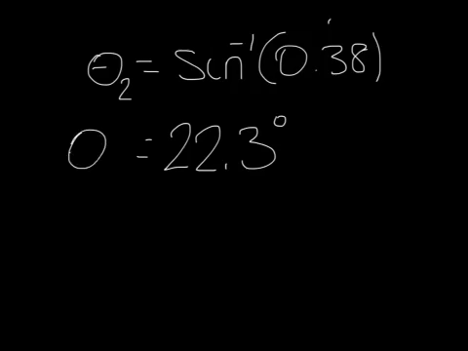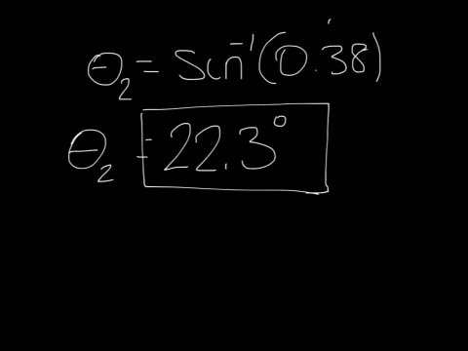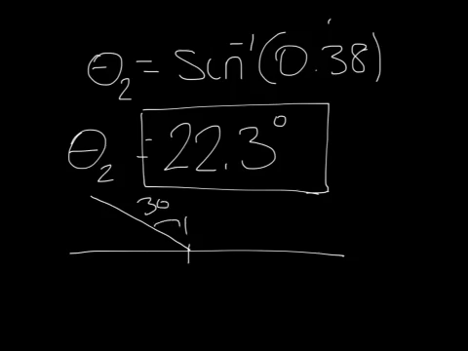So our theta 2 is 22.3 degrees. The light coming in from air hits the water at 30 degrees and it's bent to 22.3 degrees.